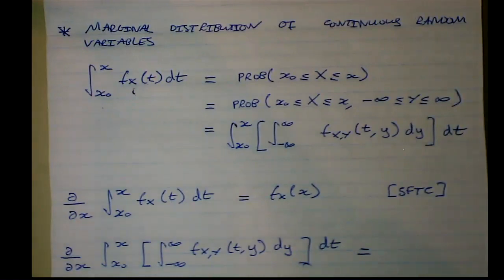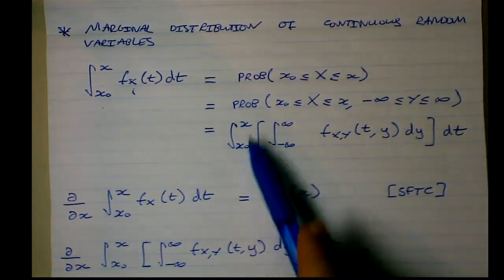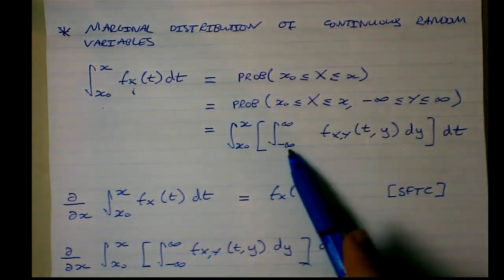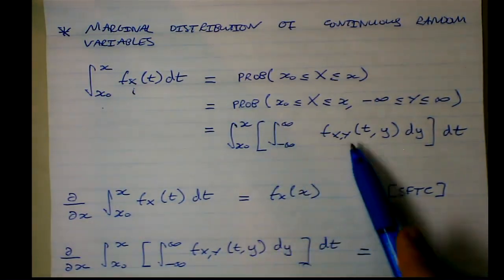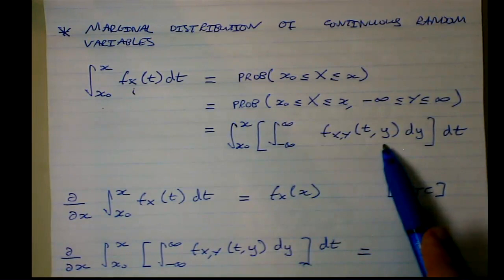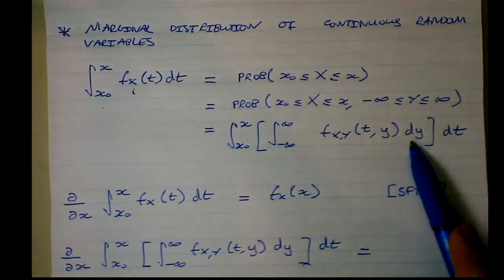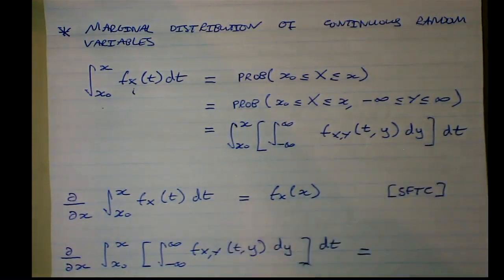Now, to get this probability, we integrate over the possible values of x and the possible values of y. Well, x goes from x0 to x, y goes from minus infinity to infinity. We integrate the joint PDF with respect to y, and I've used t here because I used x in an earlier notation.